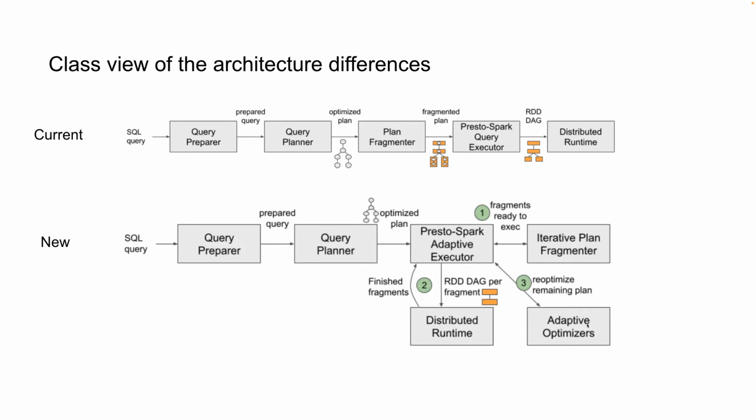And the adaptive optimizers are just regular plan optimizers. They can include existing plan optimizers, and they can also include new ones. The plan is going to be a little bit different from what a plan might include during regular query planning, because it will have these remote source nodes, which really don't exist during query planning.